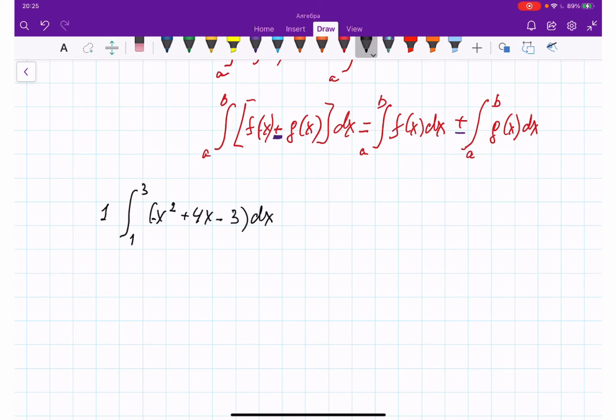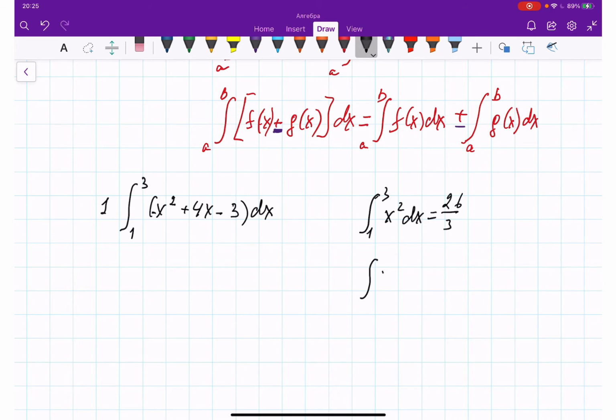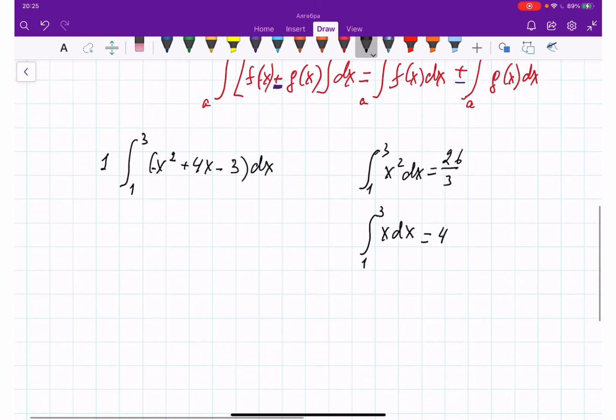The integral from 1 to 3 of x squared dx is equal to 26 over 3. The integral of x dx from 1 to 3 is equal to 4, and the integral from 1 to 3 of dx is equal to 2. Okay, let's solve it.